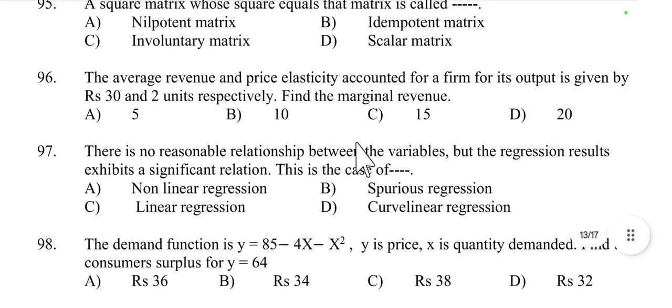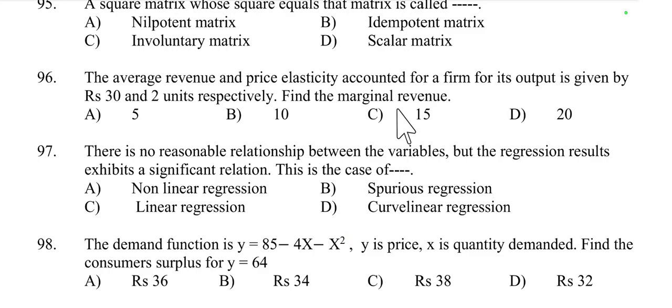Then question number 96. The average revenue and price elasticity for a firm's output are given as 30 and 2 units respectively. Find the marginal revenue.